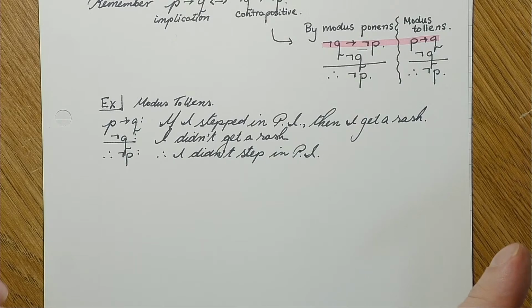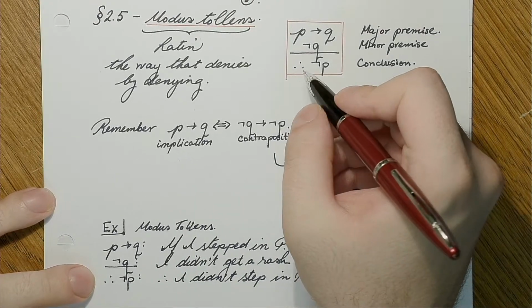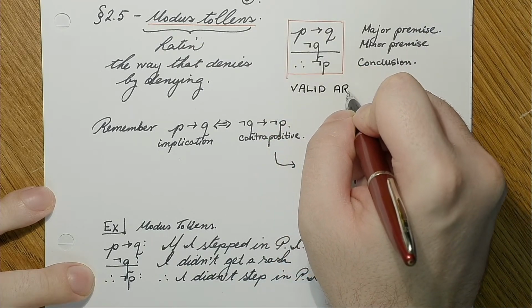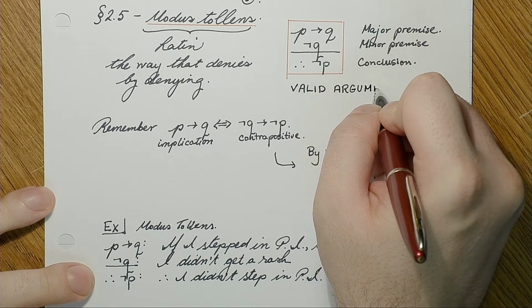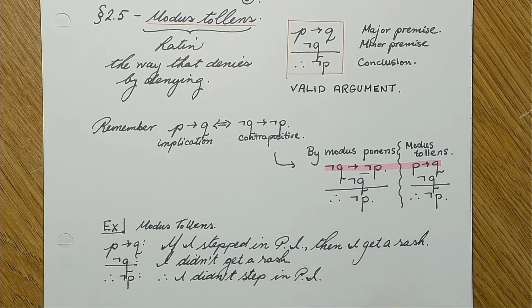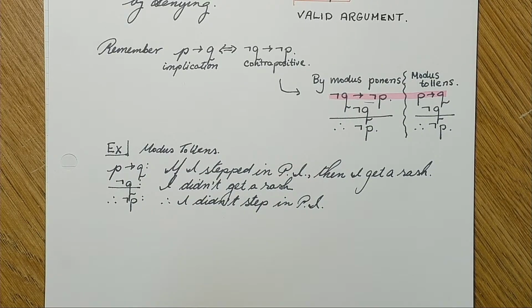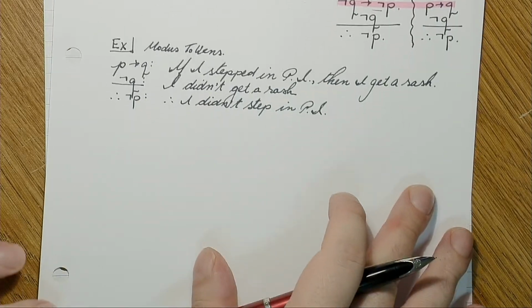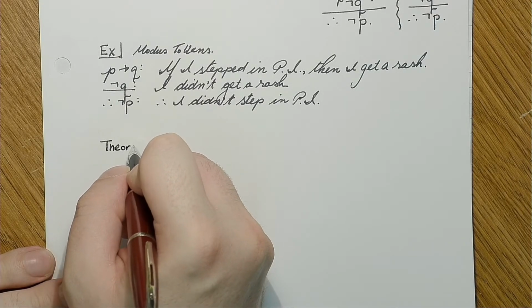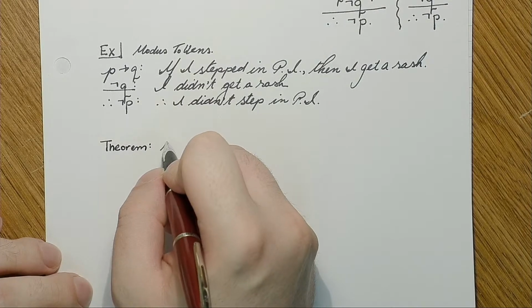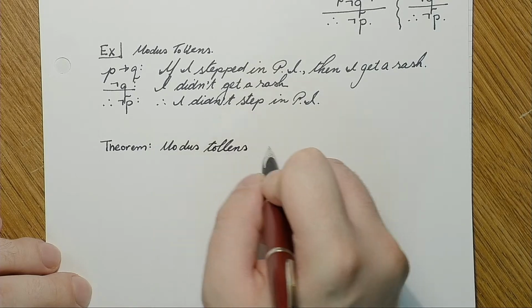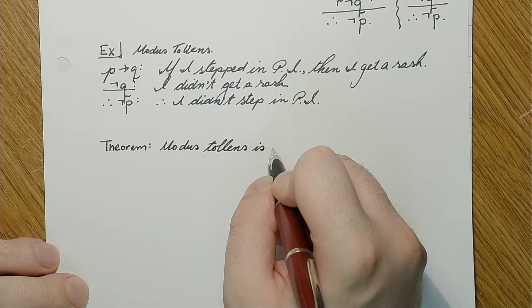I should also say that this is also a valid argument. So again, modus tollens is a valid argument.